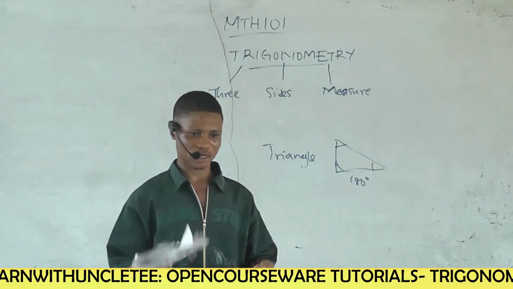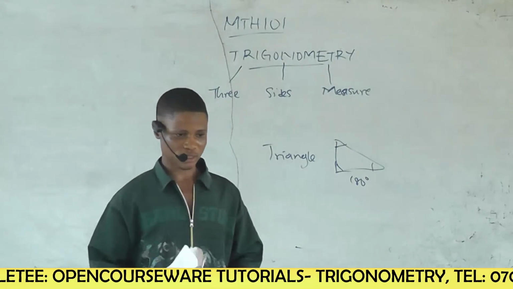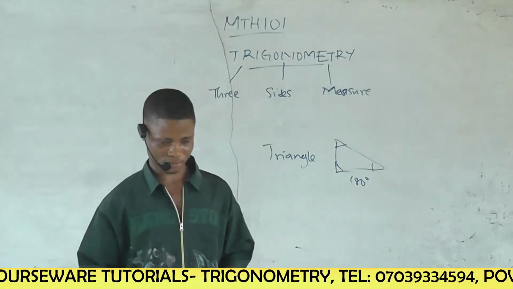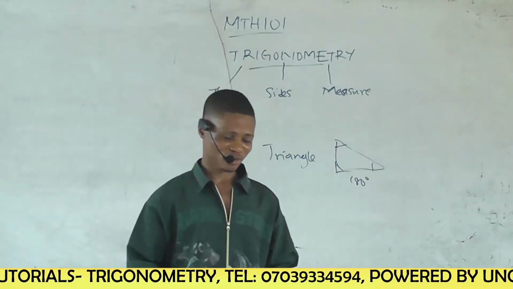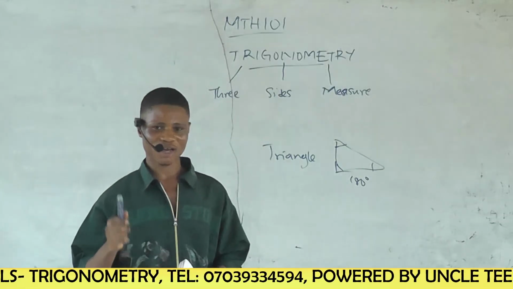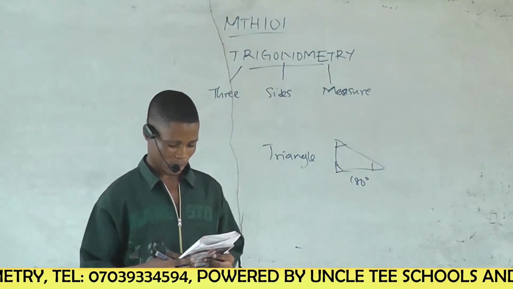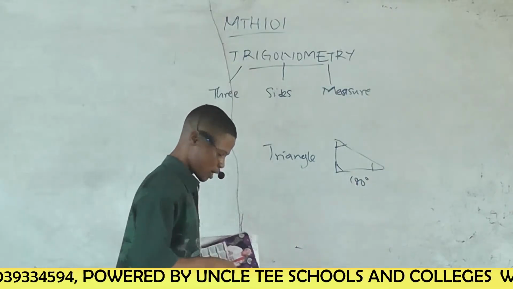Equilateral, all sides are equal, all angles are equal, and each of them is 60 degrees. While in an isosceles triangle, base angles are equal, 2 sides are also equal. Now let's look at a right angle triangle in general.